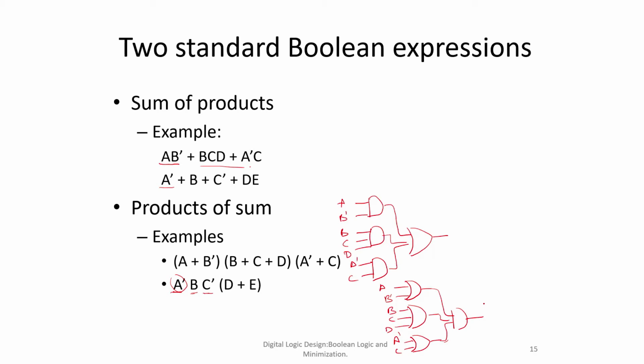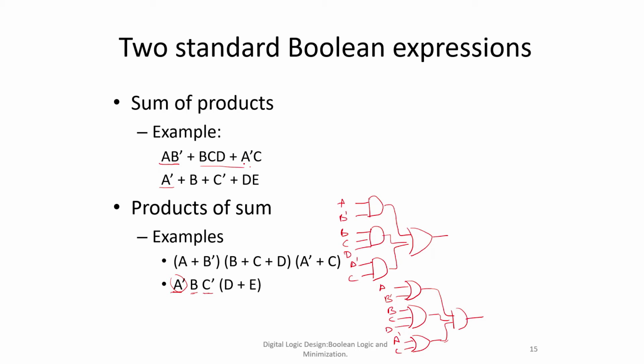So if you see the complexity of implementation of sum of product or product of sum, they are essentially equal if the number of literals and number of terms are the same. Here the number of literals are 1, 2, 3, 4, 5, 6, 7, and the number of terms are 3.